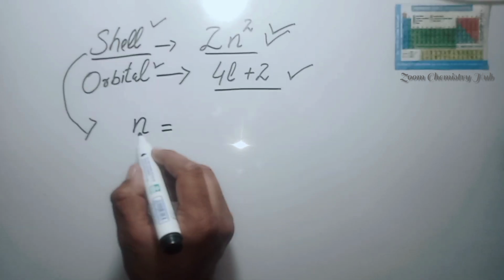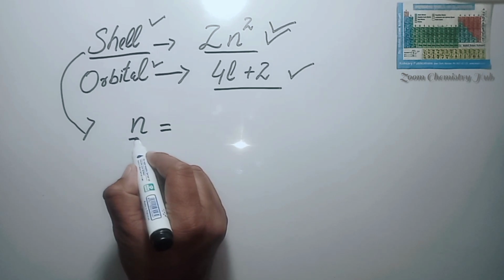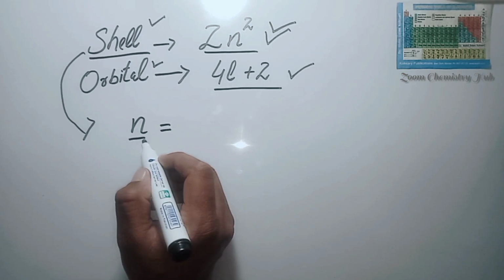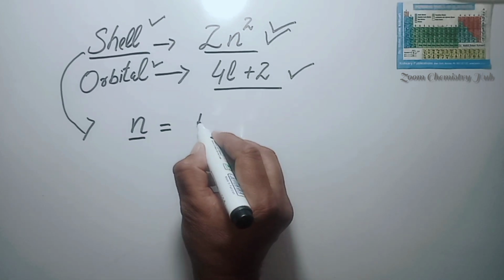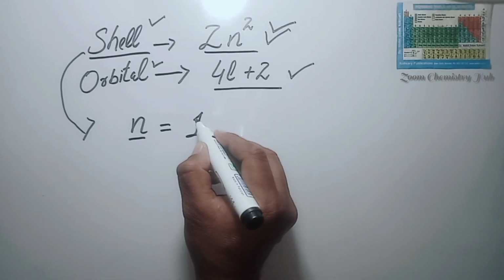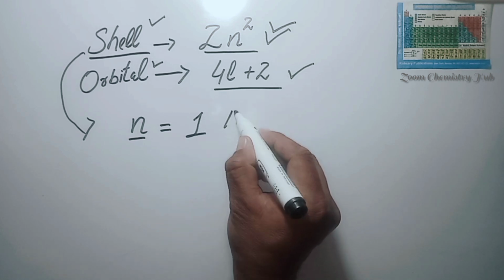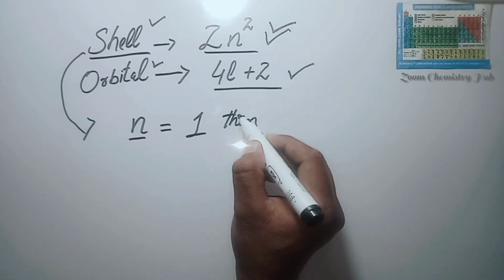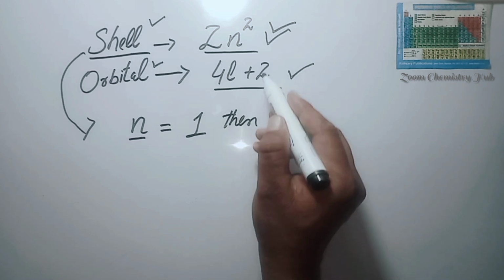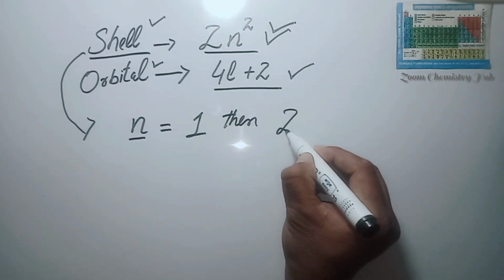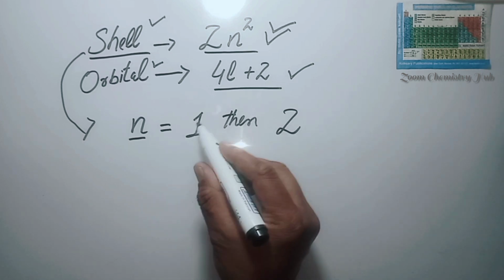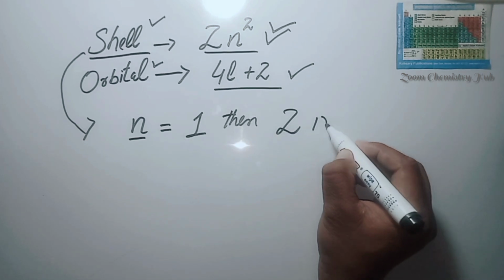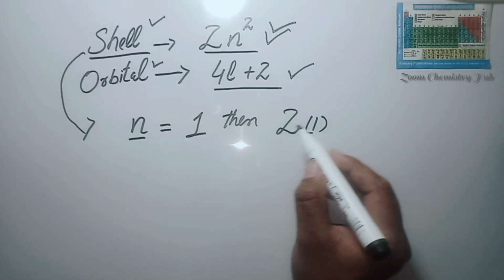The shell is represented by small n, and when the shell number is 1, that is the first shell, we use the formula 2 into n square, and we write the 1 here in place of n.